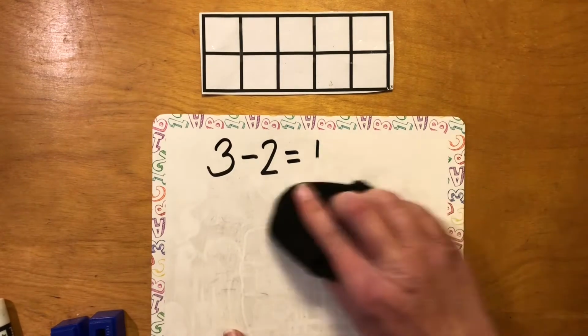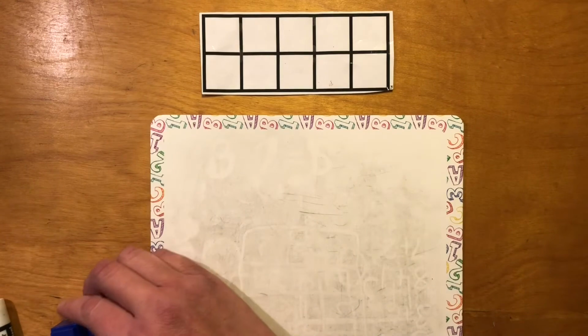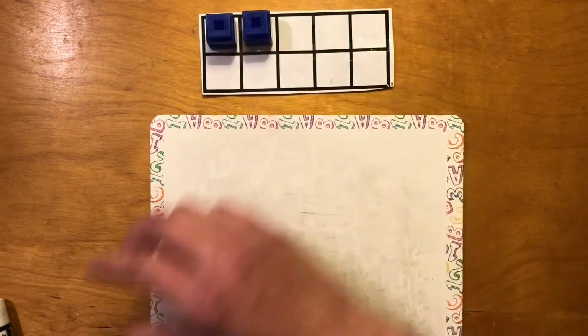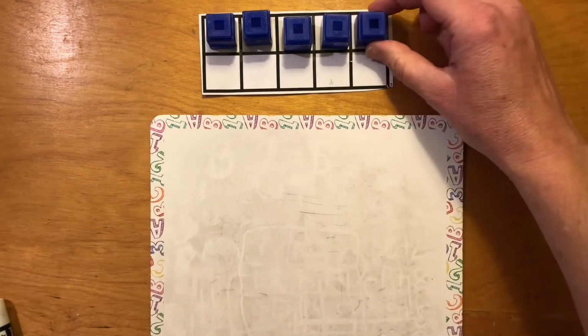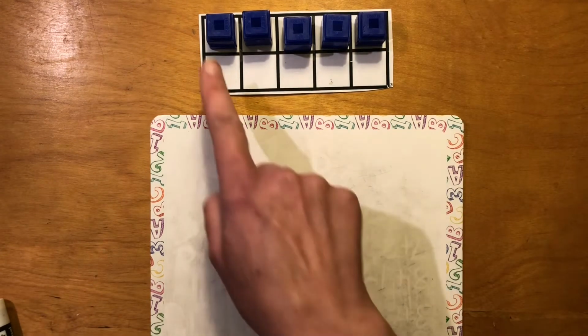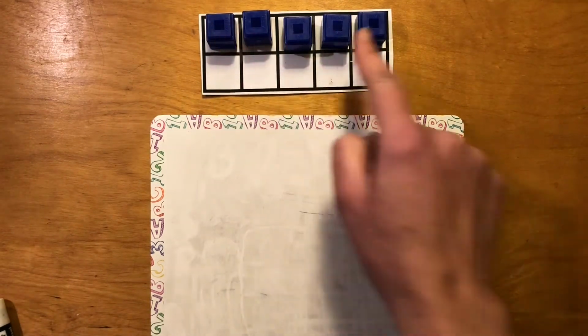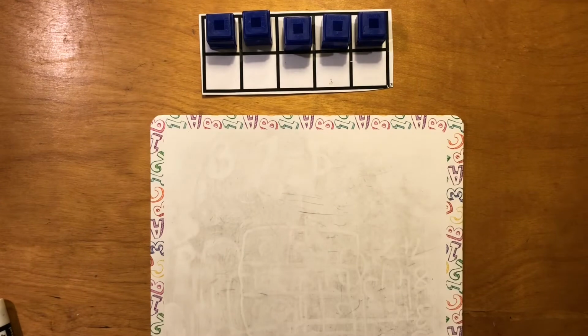All right, build 5. Build 5. Make sure you have 5. I know it's 5 because that's the top of my 10 frame. 1, 2, 3, 4, 5. I can still make sure. Now, remove 5.